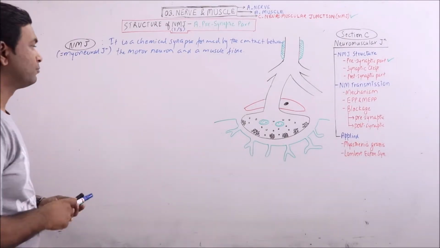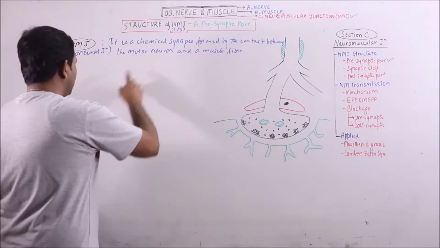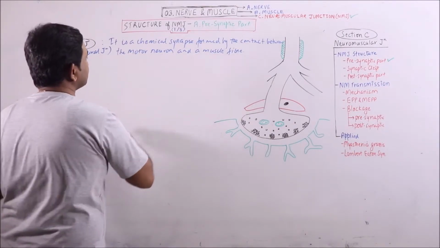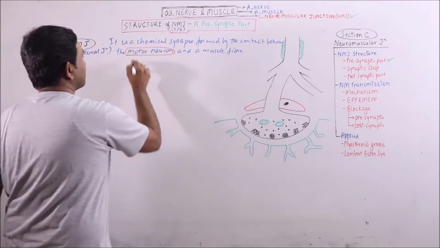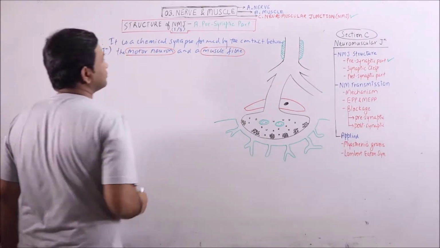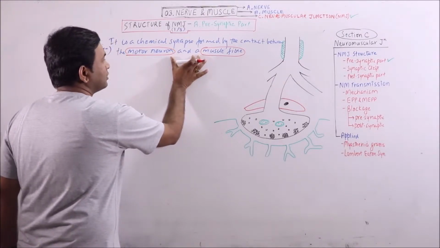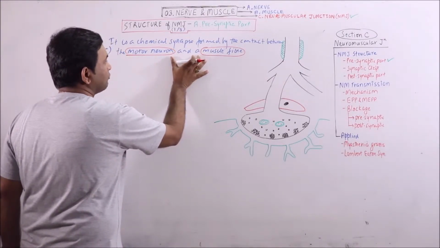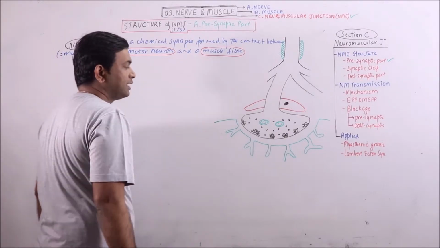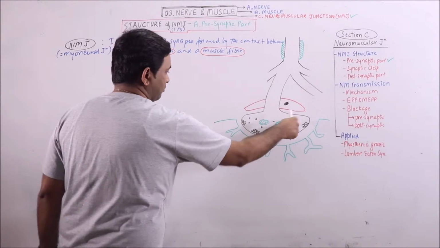It is having 3 components. First component is the motor neuron itself, another component is a muscle fiber, and the space between the motor neuron and the muscle fiber is also a component of neuromuscular junction, which is known as synaptic cleft. So this is the first component, that is presynaptic part.